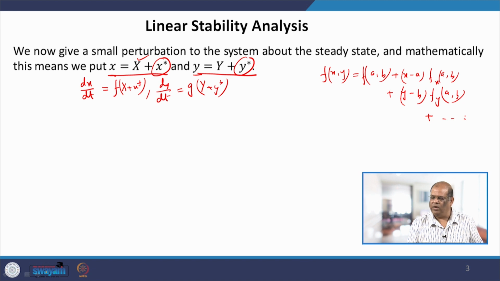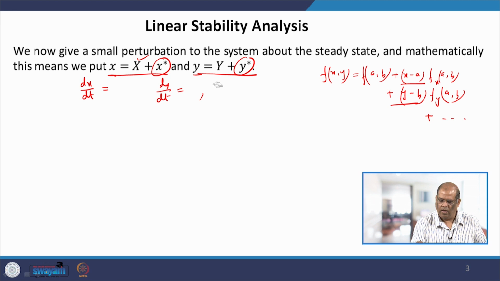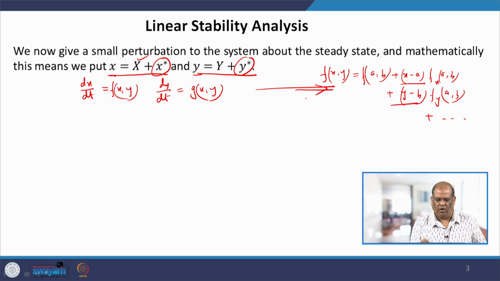Since we are interested in linear stability analysis, we have only taken the linear terms. Let me rewrite them: dx/dt equal to f(x,y) and dy/dt equal to g(x,y). I will be using this Taylor series expansion on these.